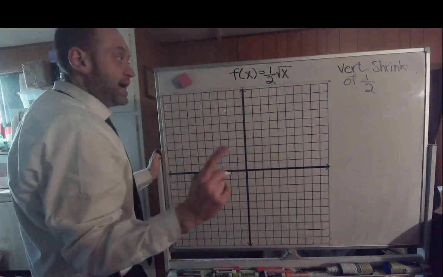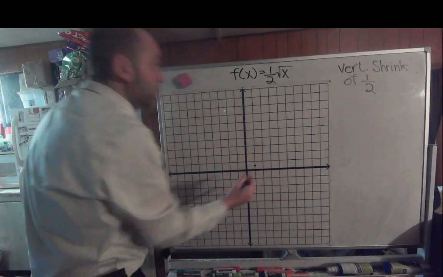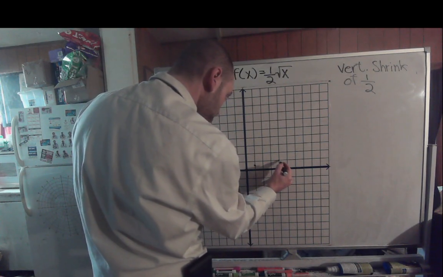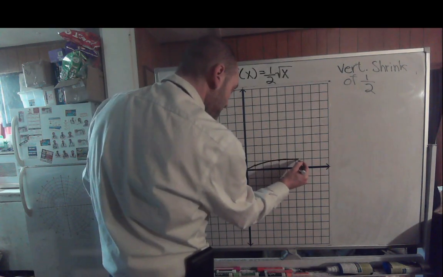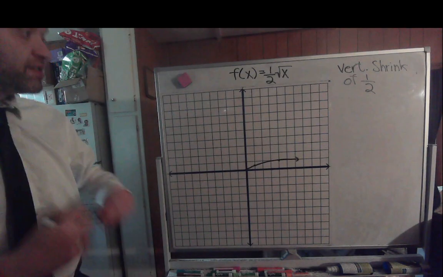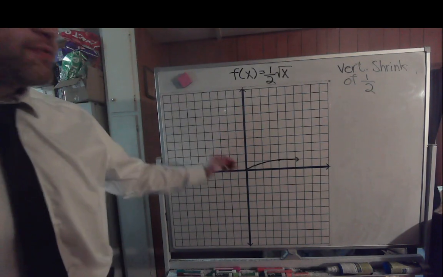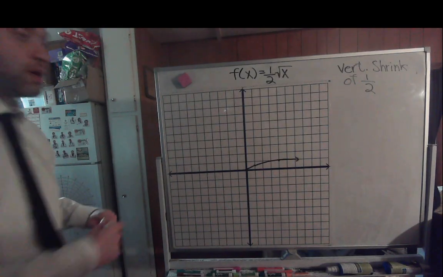But when x is 1, you only get a y value of 1/2. When x is 4, half of 2 is 1. So yes, I have definitely vertically shrunk my f of x equals the square root of x. It's not as tall, and it hugs the x-axis a little bit closer.